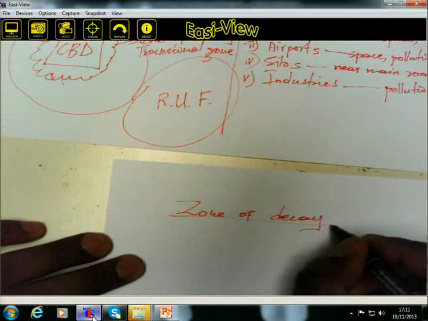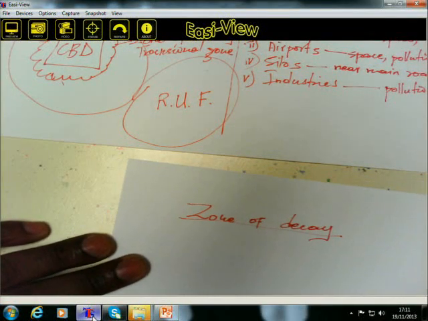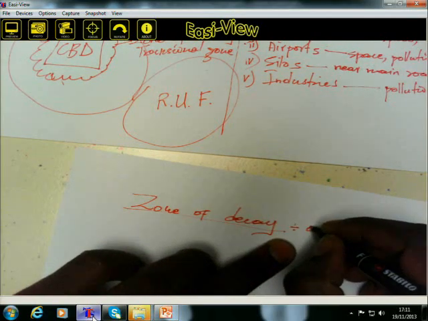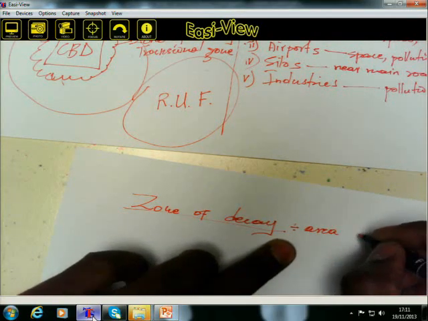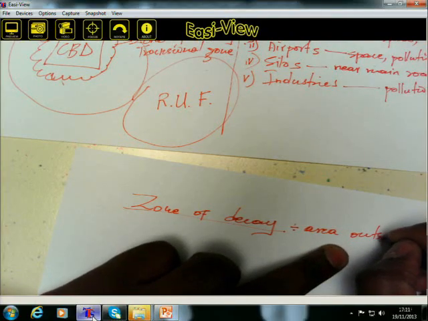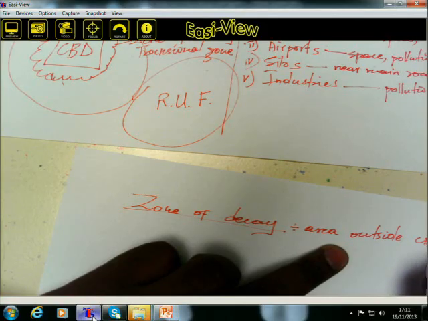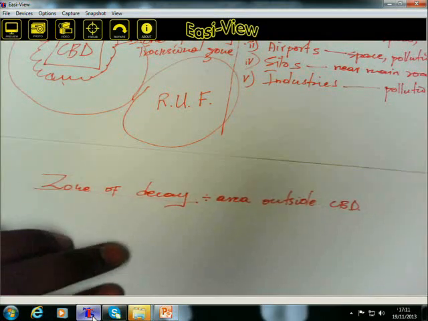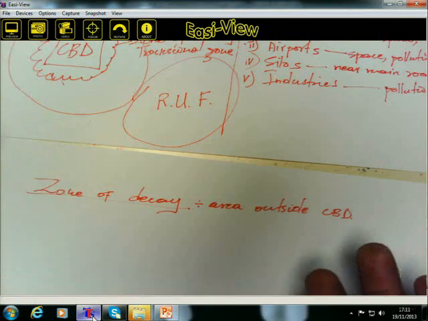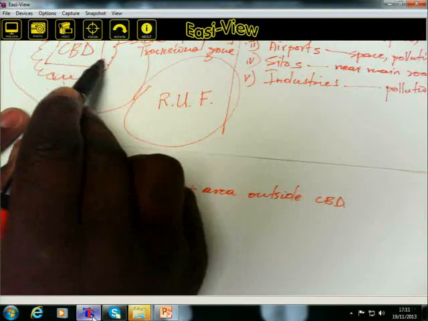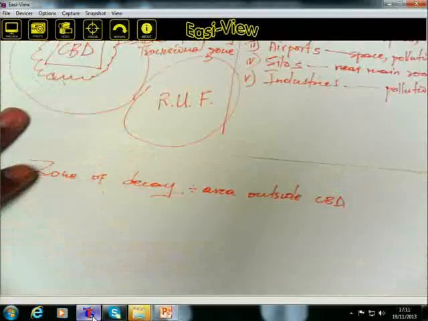Let's talk about the characteristics that you get. When you define it, this is the area outside the CBD. You also get to say it is where the CBD expands into. Immediately when the CBD expands, it expands over your transitional zone.